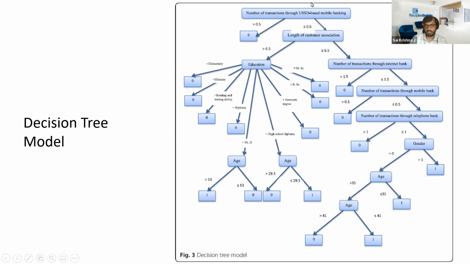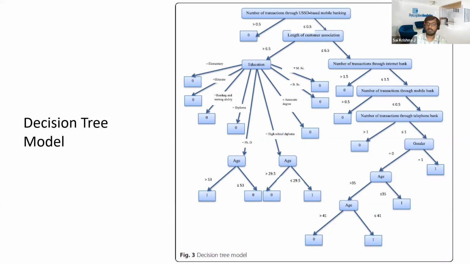algorithm typically works, right? So here they used a metric called the Gini index to determine the variable split. So what will happen is, in each step of the decision tree, the algorithm will calculate the Gini index metric for each of the variables, and then it will determine that particular variable for which the Gini index is the maximum.